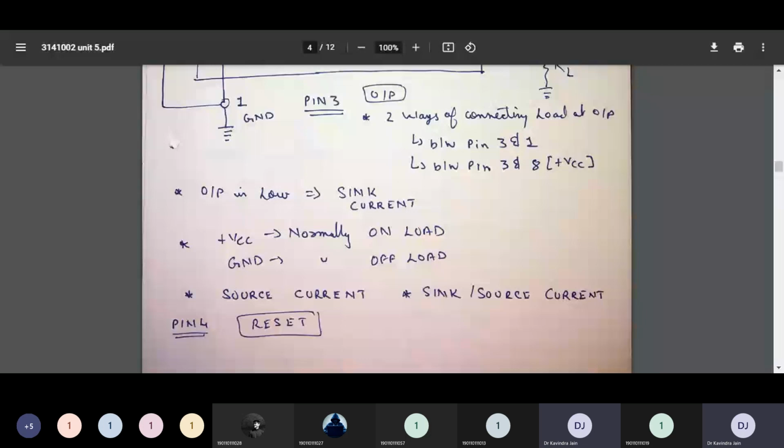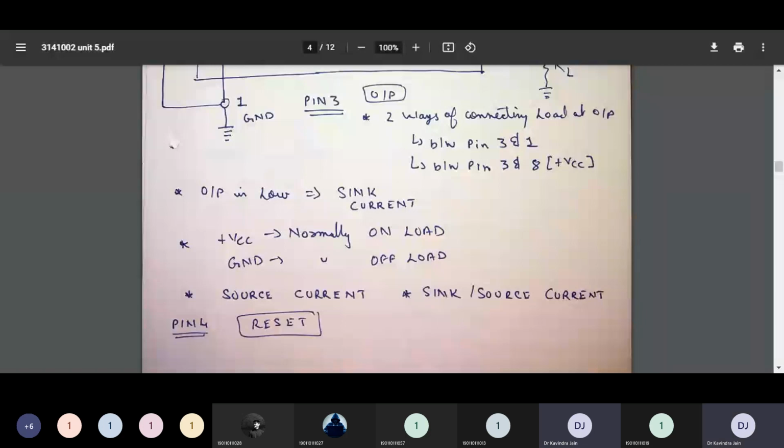In case of the 555 timer, this pin can be used by applying a negative pulse to this pin.